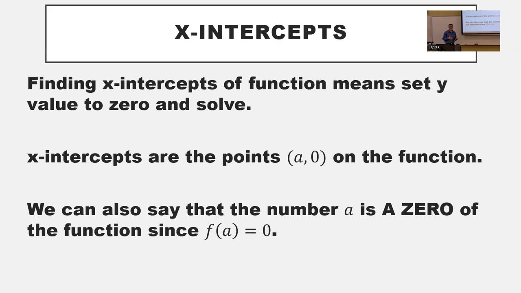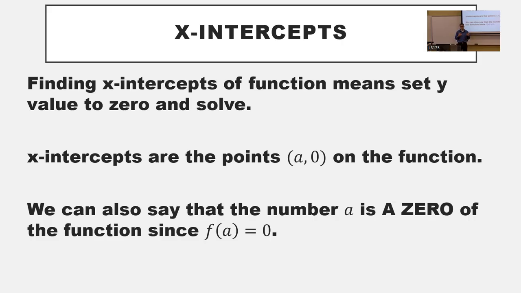To find the x-intercepts means that we set y equals 0 and we solve that equation. Just as a notational thing, x-intercepts are the points where we hit the x-axis.